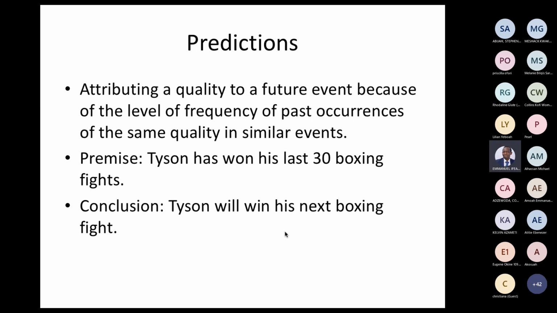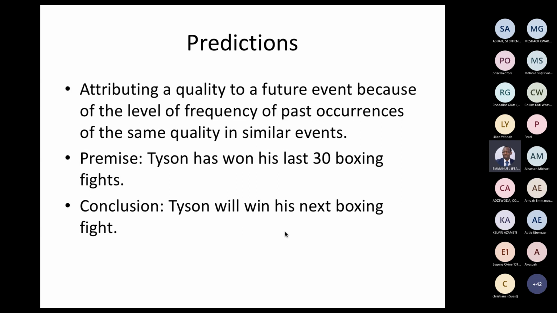But of course, as you can see, there is information in the conclusion that is not in the premise. That information is about a future fight. The premise does not contain any information about a future fight, but a future fight is being mentioned in the conclusion.